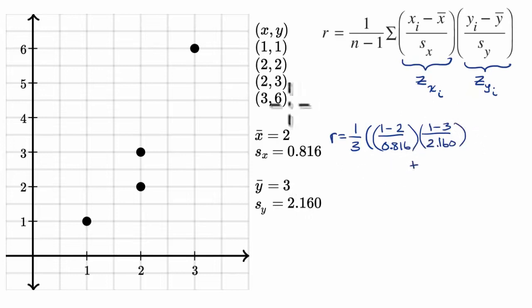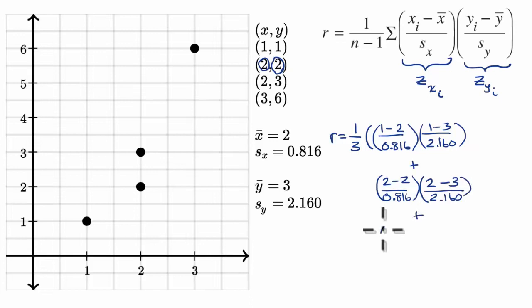So the next one, it's going to be 2 minus 2 over 0.816. This is where I got the 2 from, subtracting the sample mean, times, now we're looking at this 2, 2 minus 3 over 2.160.